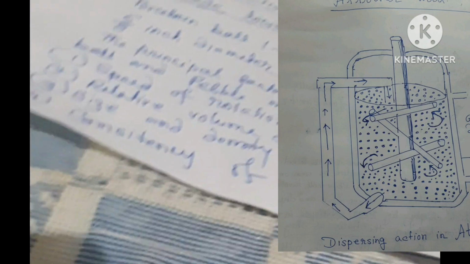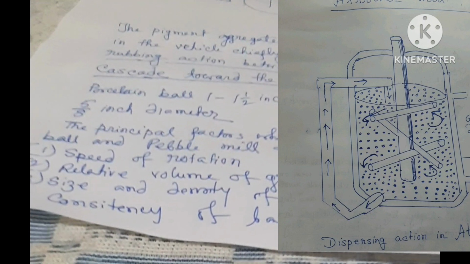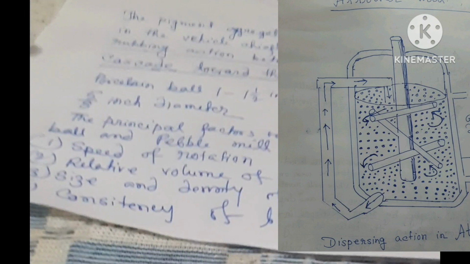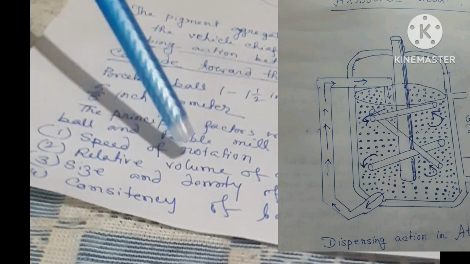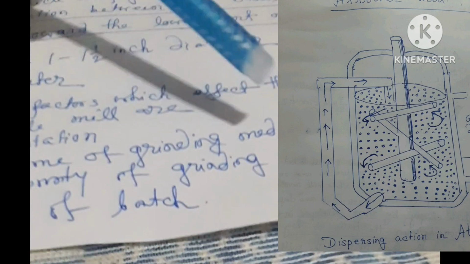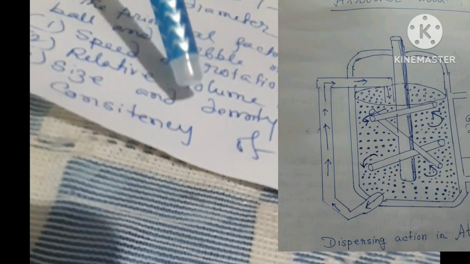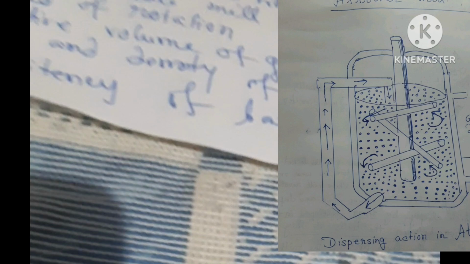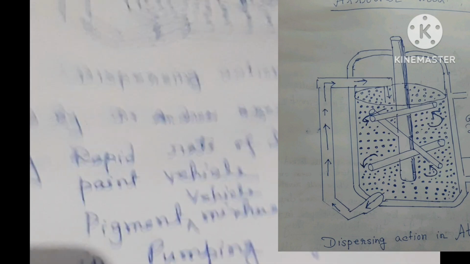Generally for a 6 feet diameter mill, 16 to 19 RPM is required. Other factors are the relative volume of the grinding media and batch, the size and density of the grinding media, and the consistency of the batch. All these factors are required for grinding in the steel ball mill.